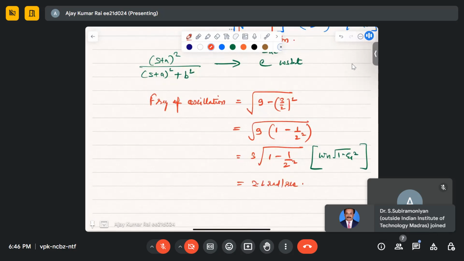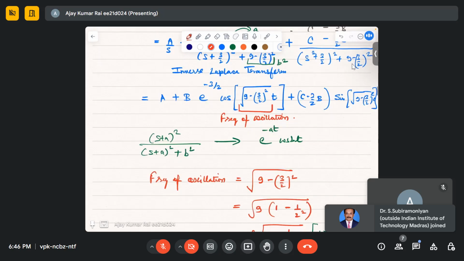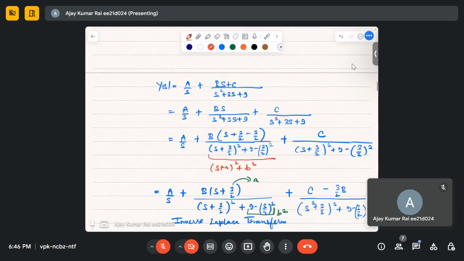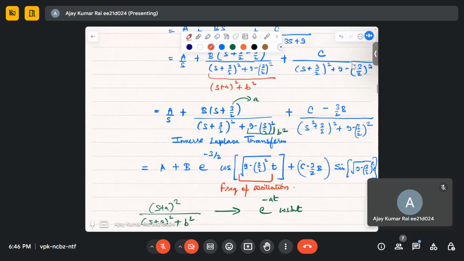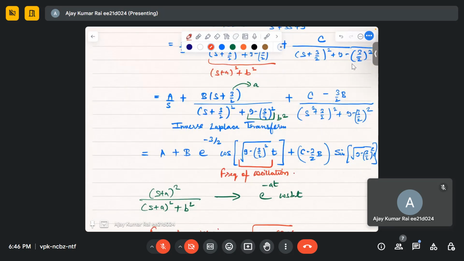So if you want to go the long way, you can get the frequency like this, by solving this equation y of t, but you don't have to solve for a, b, c, because we are finding the frequency term. So that's why don't calculate a, b, c.